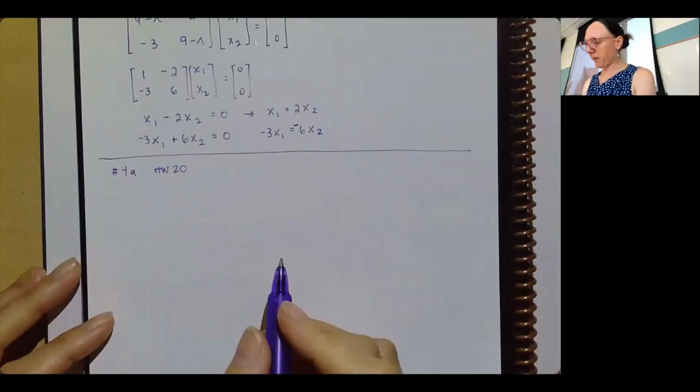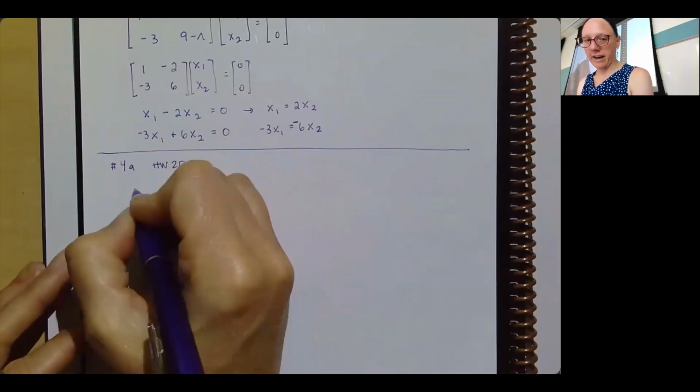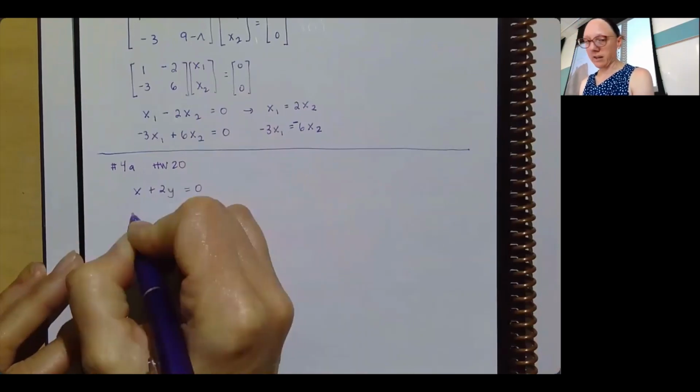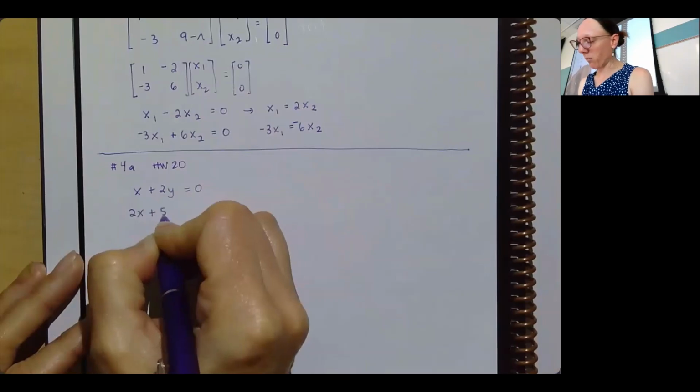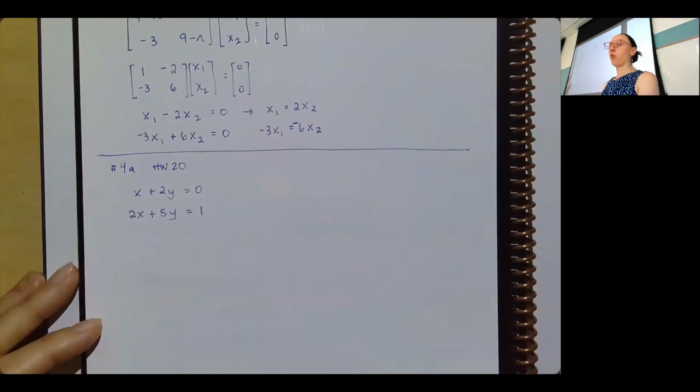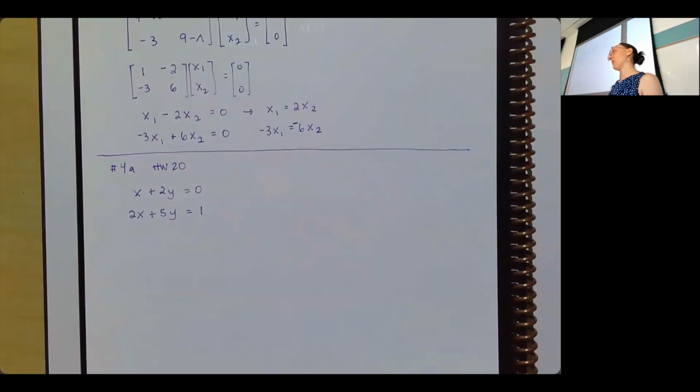Looks like, and I'm going to stack them up here. So I've got x plus 2y is equal to 0. And 2x plus 5y is equal to 1. And although he didn't tell us that we should use matrices to do this, I'm going to use matrices to do this for practice.